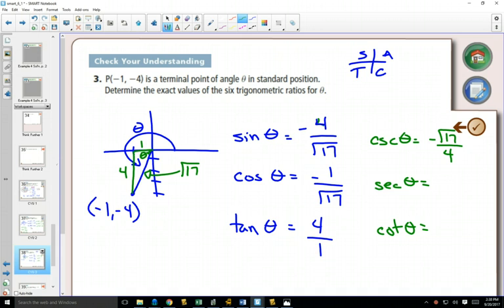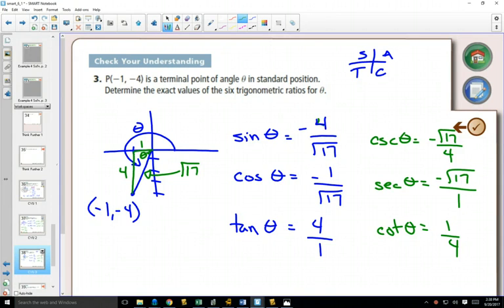But on your exam or on your quizzes, if you left it as negative 4 over root 17, that would be fine. And it's kind of nice because when you do the reciprocal, this one's already rationalized. And same thing here, negative 1 over 1. Now we're going to get negative root 17 over 1. And part of the reason I left it as 4 over 1 is so that when we do the reciprocal, it's really easy to do.